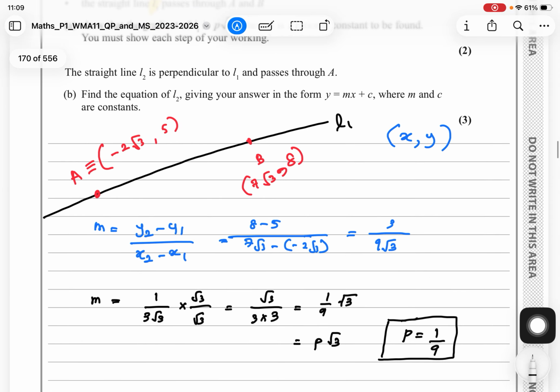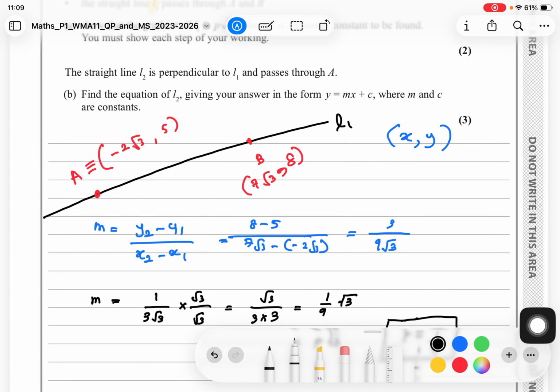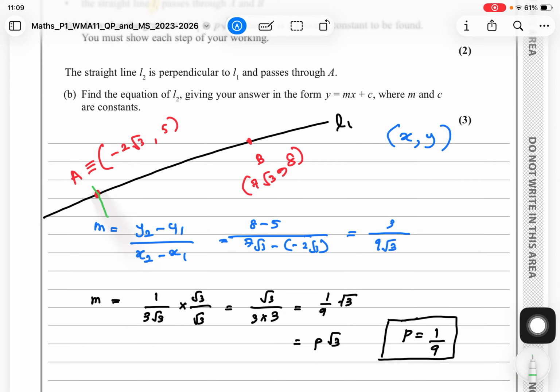Now the straight line L2 is perpendicular to L1 and passes through A. So there's a new line, L2, perpendicular and passing through A. Now they're asking for the equation of the line.